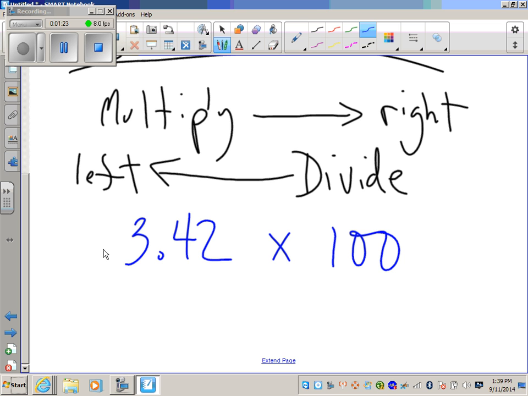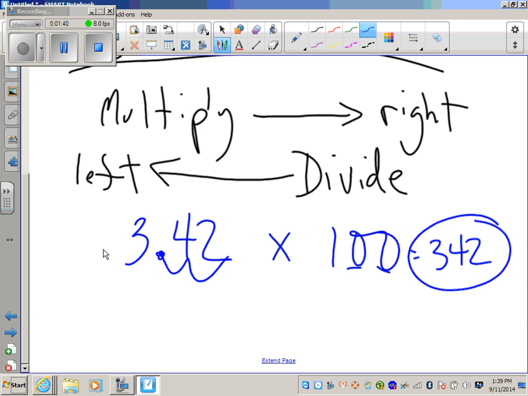Because multiply means I'll move my decimal to the right, and since it's 100 and there's 2 zeros, I will move it 2 places to the right. 2 places to the right will give us 342. So if I can get straight that when I multiply, my decimal will move to the right, and whatever my power is, like 10 to the second power, 2 zeros and 100 means 2 places. Then we're going to be fine.